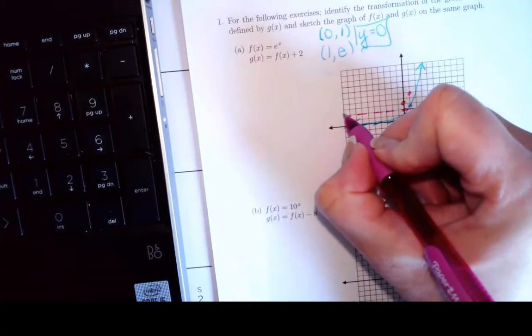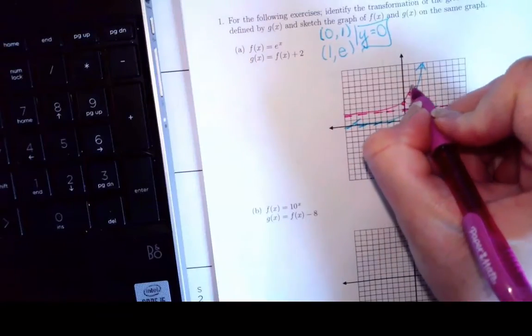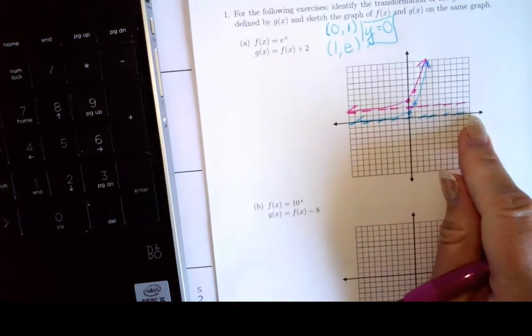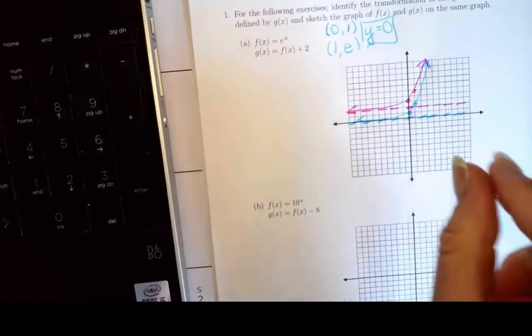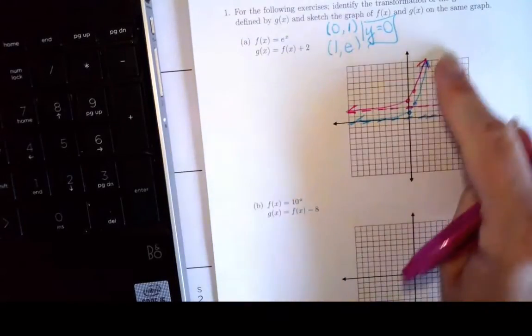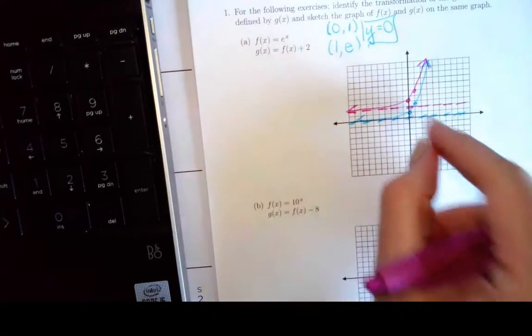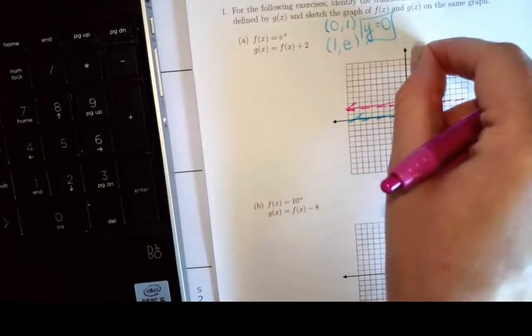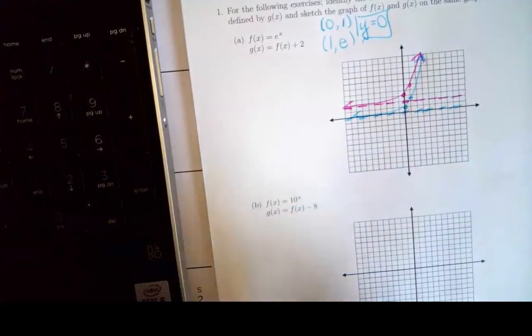So my new function is the pink one. I've got a horizontal asymptote at y equals 2, and if I had plotted multiple points, these would be identical to one another, just the pink one would be lifted up 2 units from the blue one. So I would have picked up the blue one, walked 2 steps up, and plopped it back down.